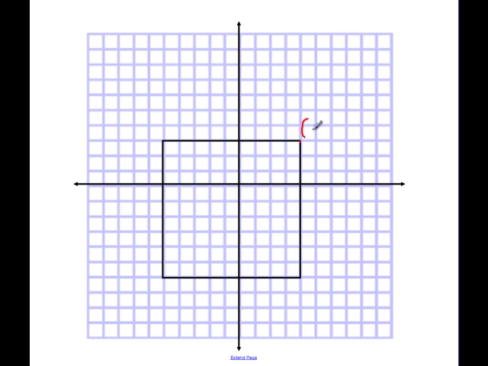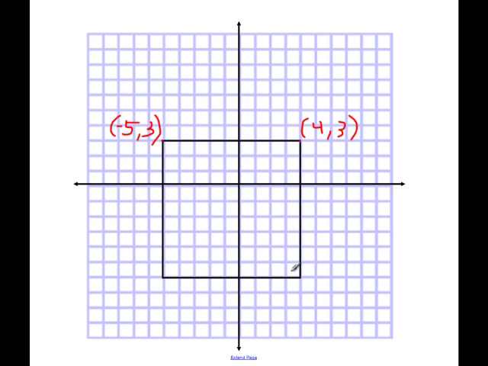So the coordinates here would be (4, 3). We could identify a coordinate here, right? It would be (-5, 3). So we could say the coordinates here are (-5, 3).